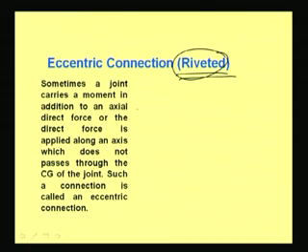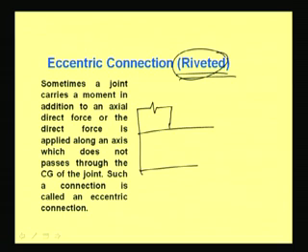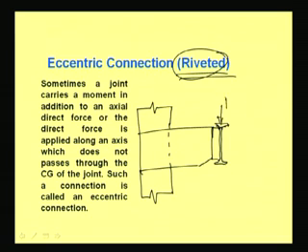Say one column has to pass the load from the beam, say from a gantry girder. Now the gantry girder is given here and the load is acting on the gantry girder, which has to pass to the column.